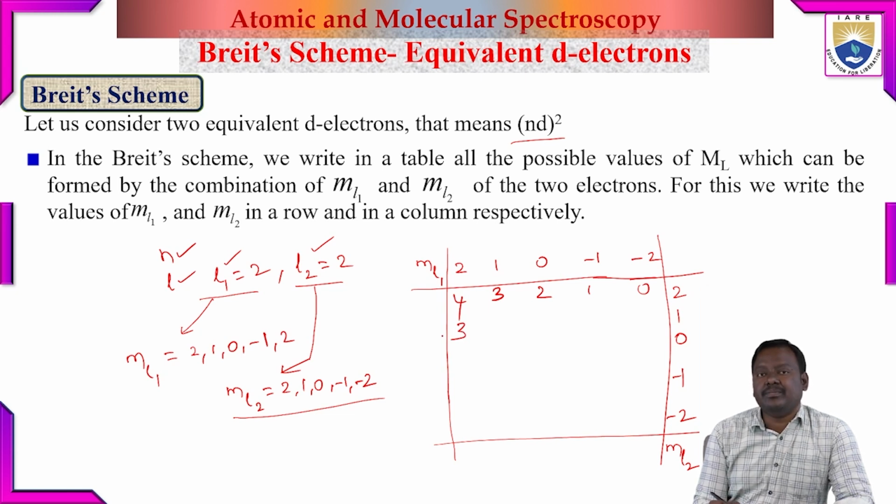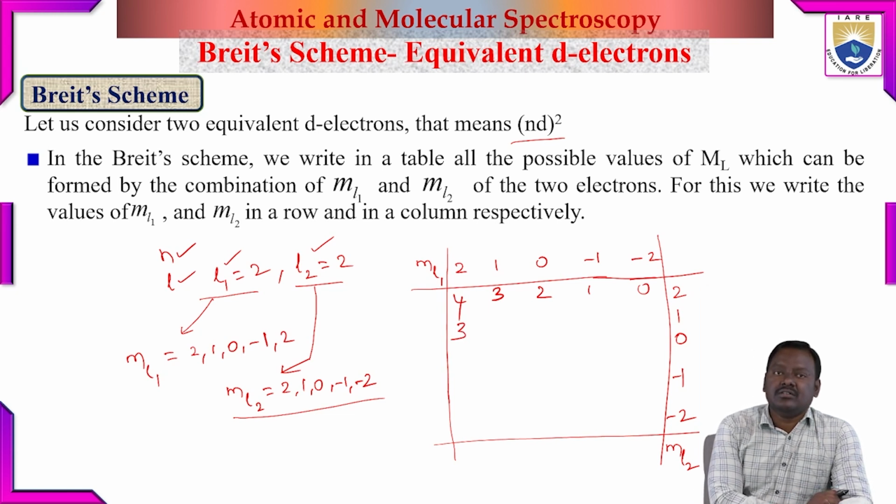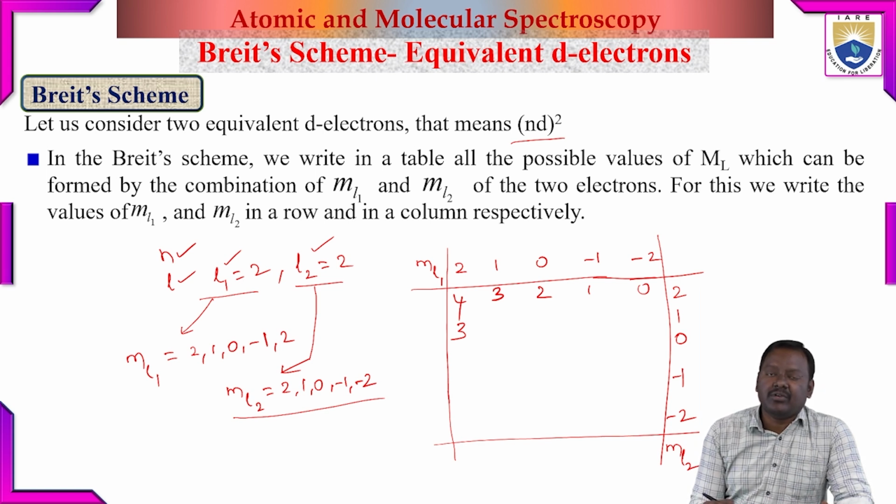So we need to add up the orbital angular magnetic quantum numbers to obtain the resultant value of ML for the two electrons. So 2 plus 1 is 3, 1 plus 1 is 2, 0 plus 1 is 1, minus 1 plus 1 is 0, minus 2 plus 1 is minus 1.